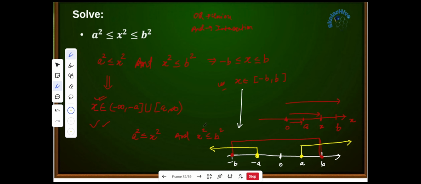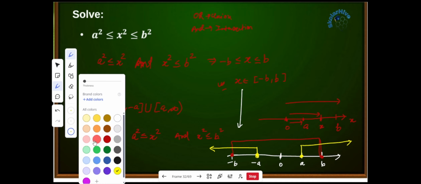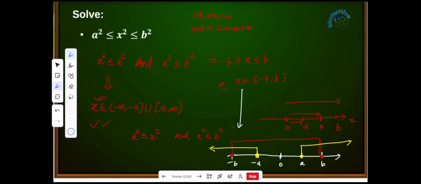Now we need to look for the common part in these regions. If we take the common, we need to look at where this is b and this is a, so this is one of the common regions, and here we also get the common for both.